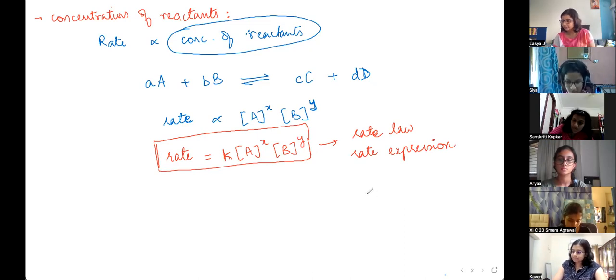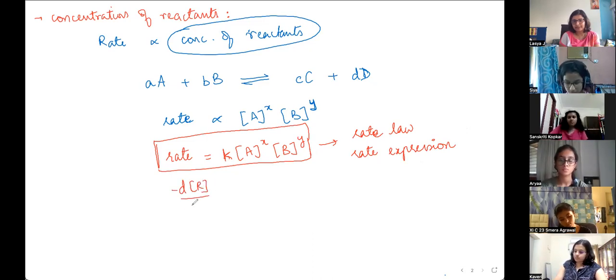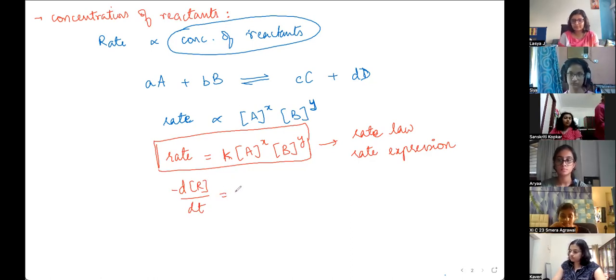Okay. So when you substitute the value of rate, since we are focusing on the reactants, it is minus d[R] by dt. For the reactant, you can choose any one, either in terms of A or in terms of B, like we saw that all of that will be equal, taking into account the stoichiometric coefficient. So this will be equal to k times [A]^x [B]^y.